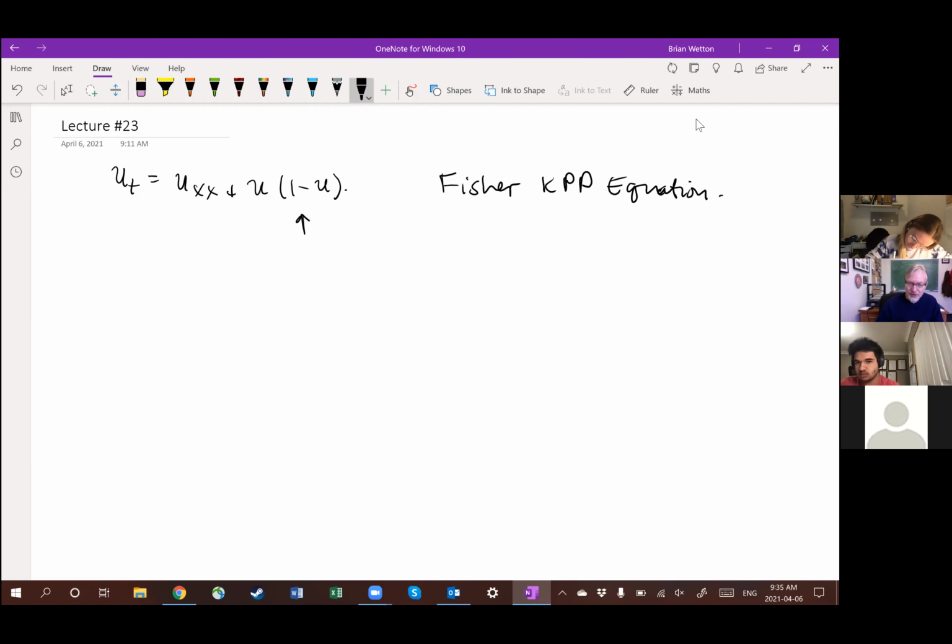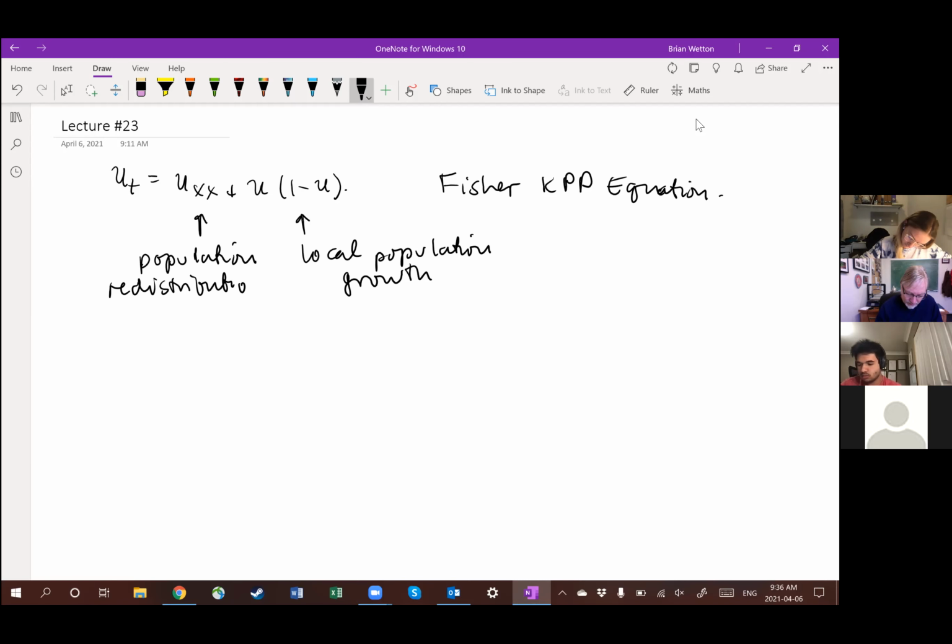KPP are the three Eastern European mathematicians that discovered it independently. So this was the local population growth, and this was population redistribution by diffusion.